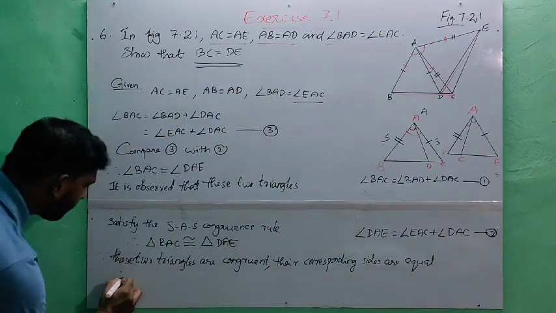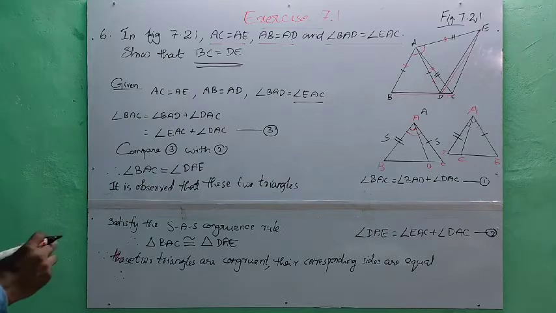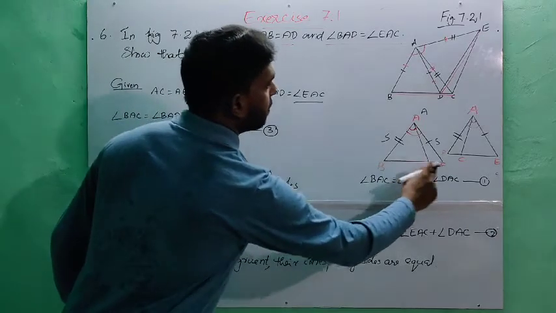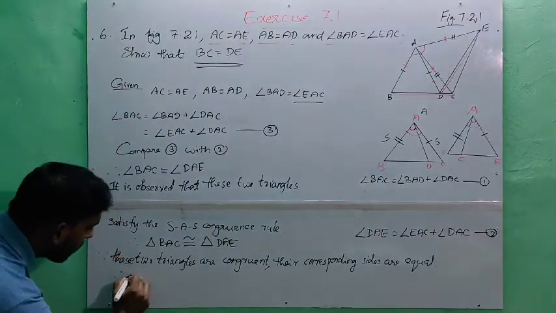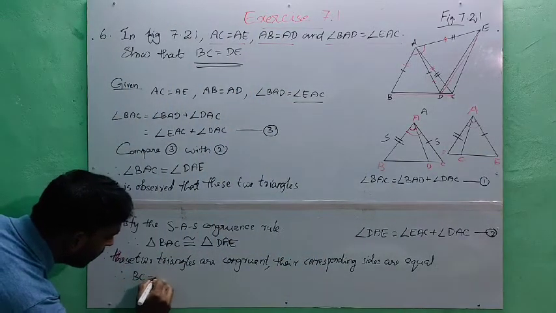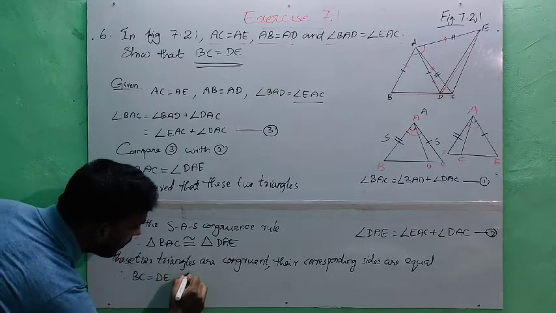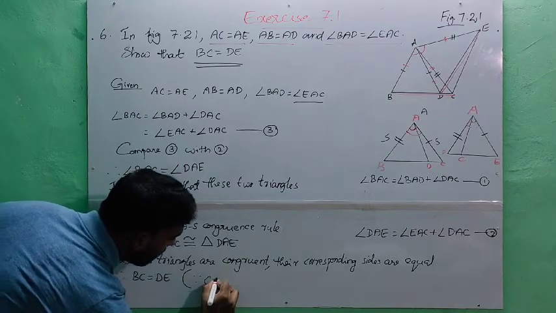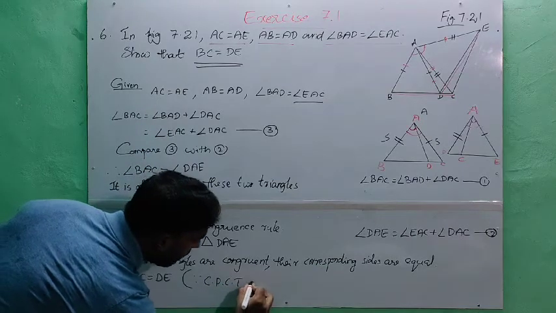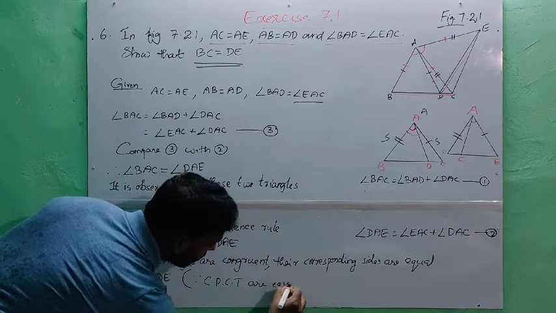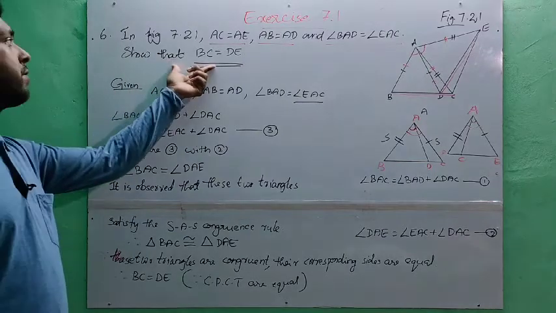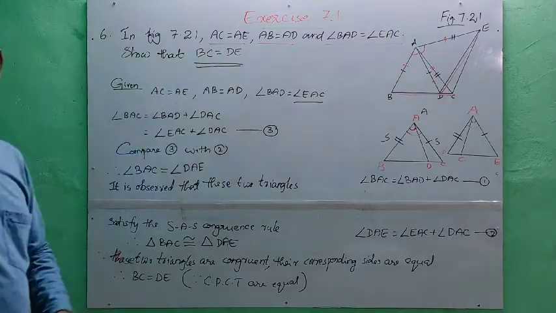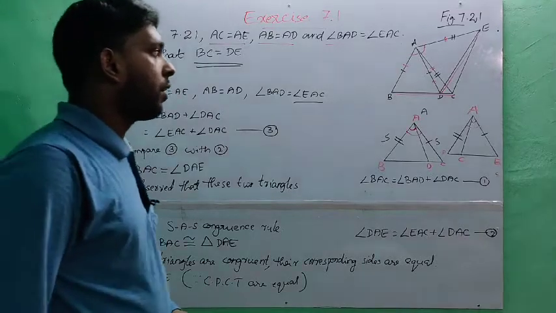Therefore, we can say that side BC is equal to side DE. Side BC is equal to DE. Why? The reason is corresponding parts of corresponding triangles are equal. So hence we have proved that the side BC is equal to its corresponding side DE of triangle DAE.